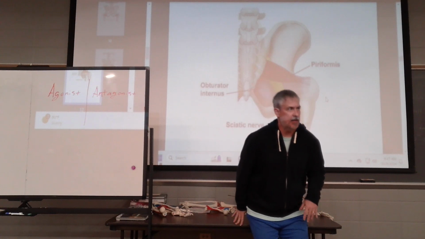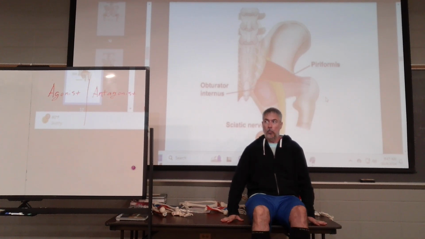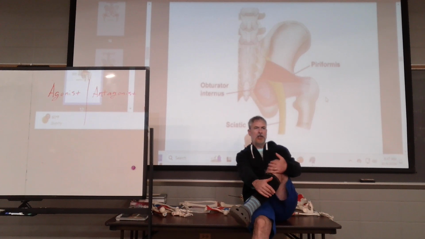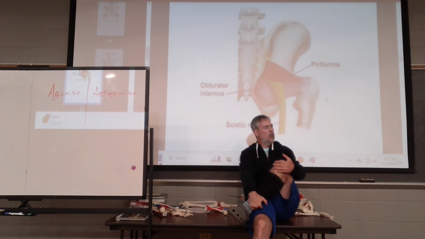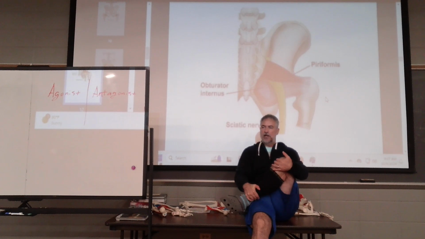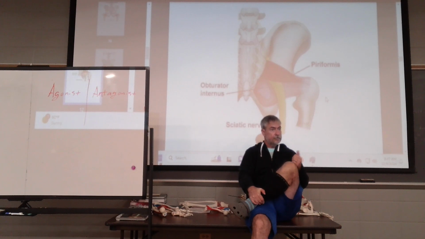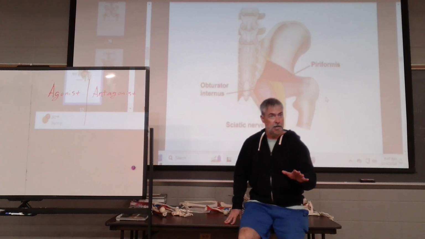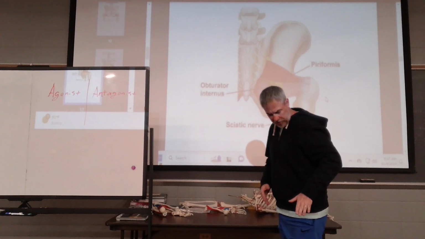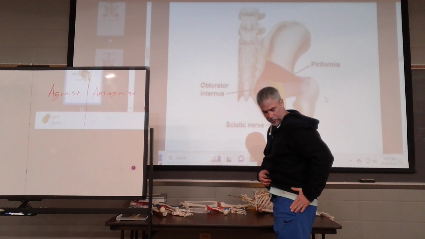One of the reasons the piriformis stretch works, because if you think about it, you're like, well, wait, if the piriformis is a lateral or external rotator, in this kind of position, aren't I laterally or externally rotating? The answer is yes, but you're not in anatomical position. So hear me out. The piriformis is an abductor external rotator.